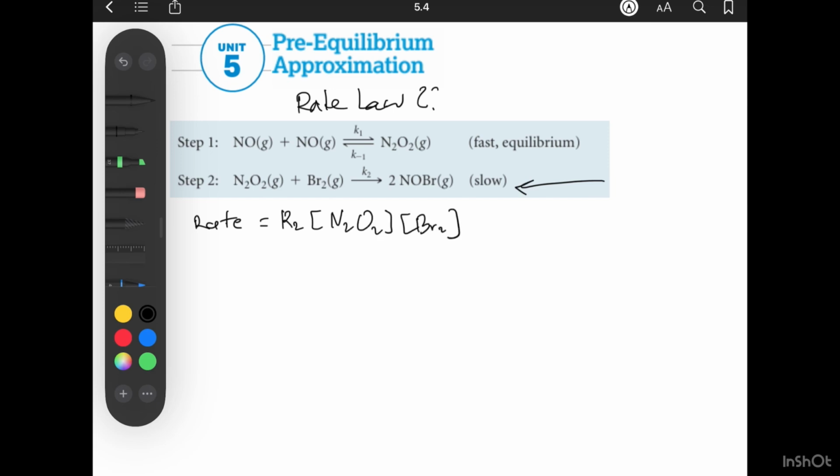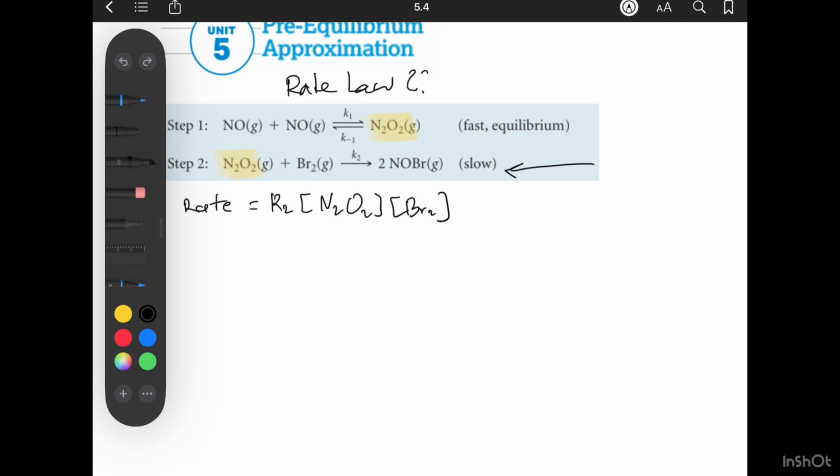Perfect. But we have a disaster at this point, right? We have N2O2, which is an intermediate, and we shouldn't have an intermediate in our rate law. How can I get rid of this by substituting?